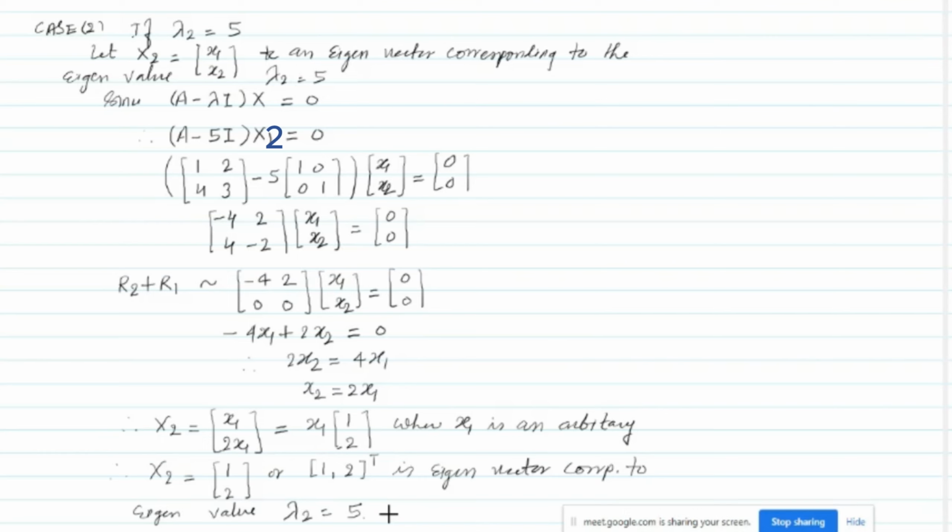So in this way you can find the eigenvalue and eigenvector of the given matrix.